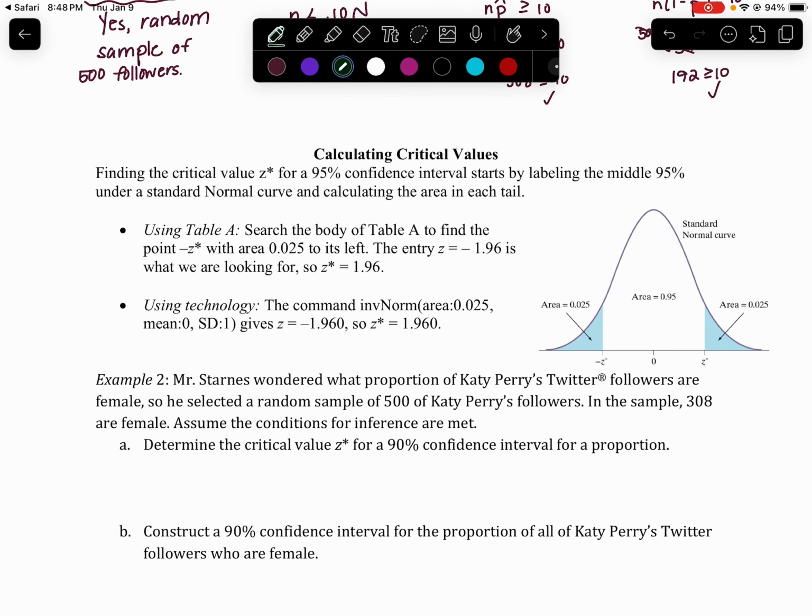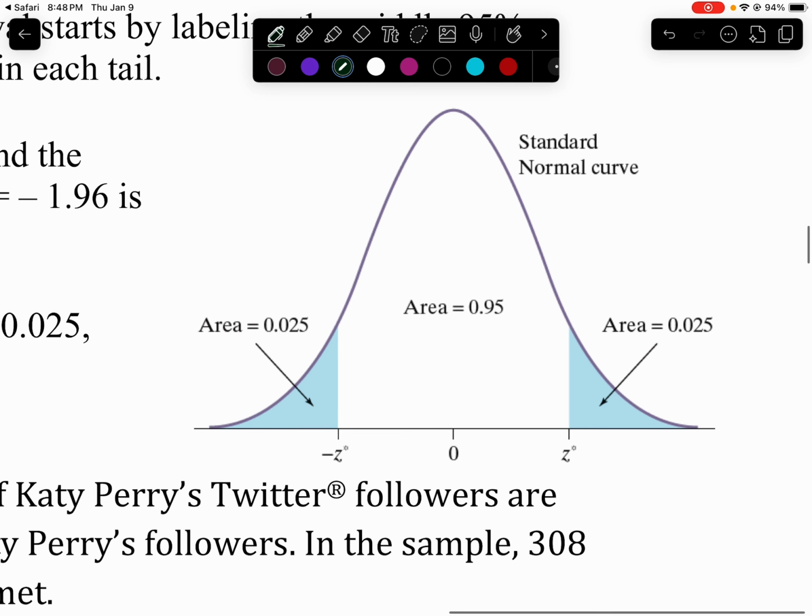All right, before we construct a confidence interval, we need to figure out how we can calculate all of these values. So I said we would come back and figure out how to find the value of z star. So it says finding the critical value, which is that z star, for a 95% confidence interval starts by labeling the middle 95% under that standard normal curve. So if you look here at this normal curve, we know that if 0 is our mean, we have our z-star interval of plus or minus that value.